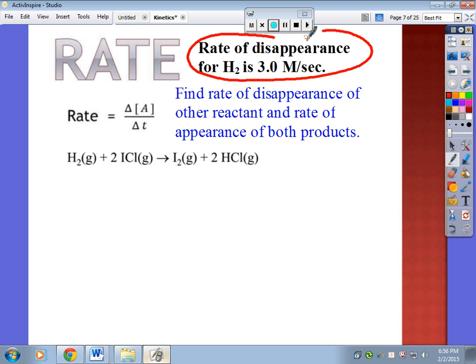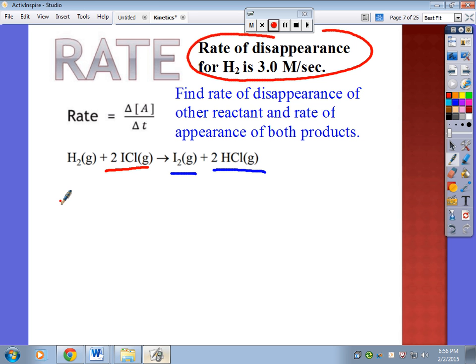And from this, you want to find the rate of disappearance of the other reactant. Here's my other reactant. So I want to find how fast this is going away, and the rate of appearance of both my products. So, how fast is iodine chloride, iodine monochloride, going away?